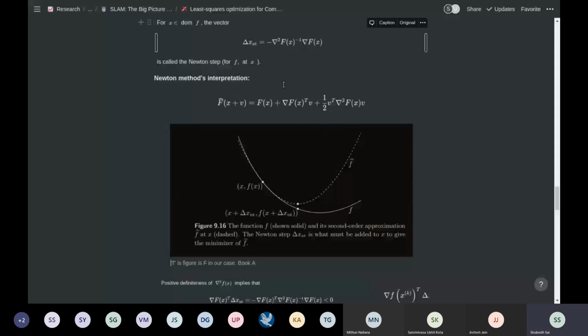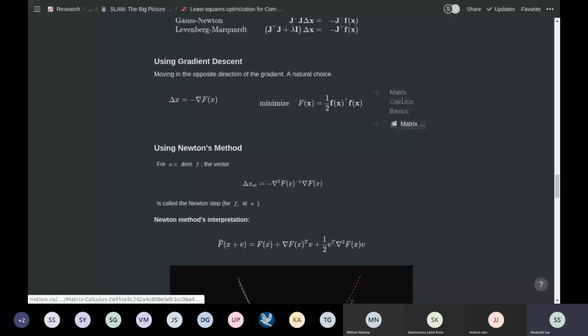But this is local, as in this will only give me delta x. V is the same as delta x. So you take the derivative of this with respect to v, or delta x. The gradient of capital F, you are taking the derivative with respect to v, so v will disappear. If I haven't mentioned yet, if matrix calculus is confusing for you, go to this link.